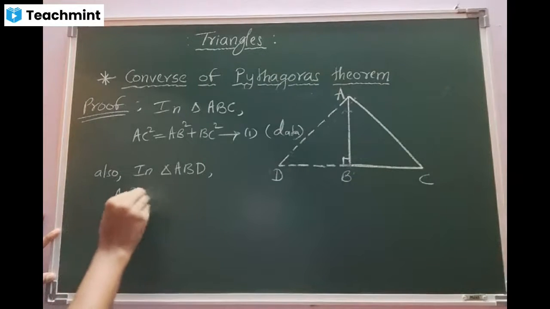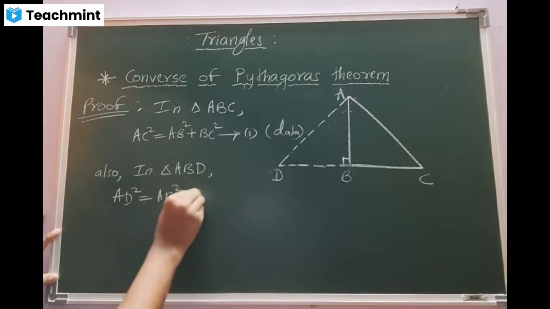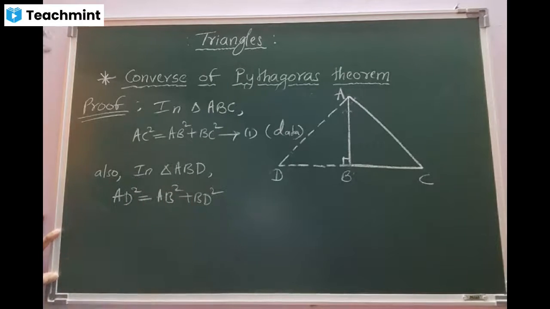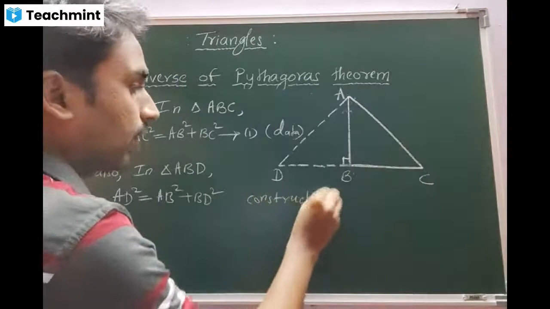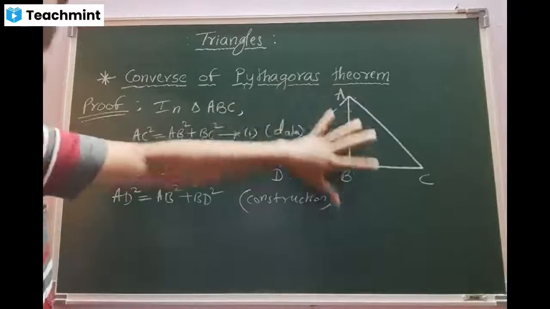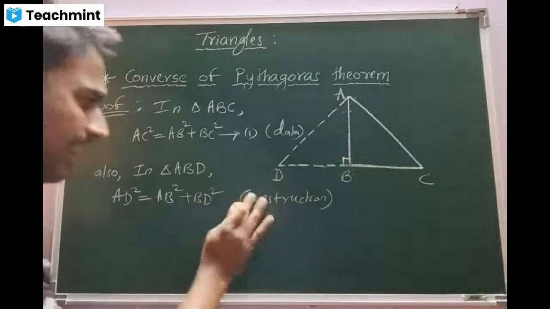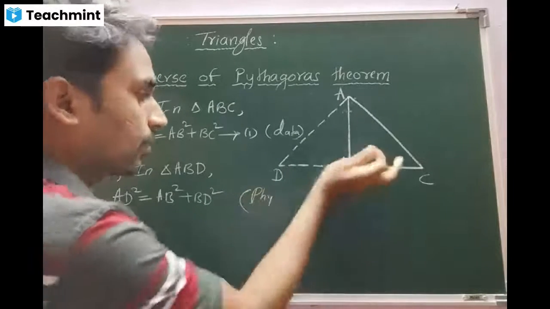AD square is equal to AB square plus BD square. The reason: according to construction, it is a right angle triangle, so the Pythagoras theorem will be used. Pythagoras theorem is better than construction as the reason, right?